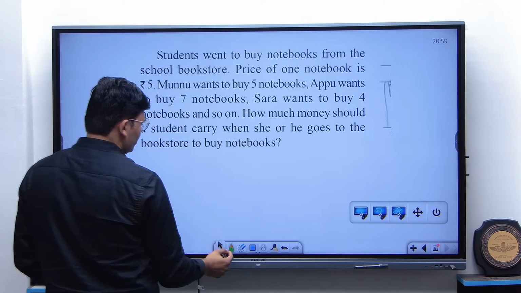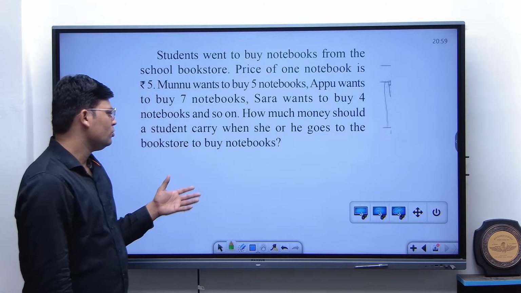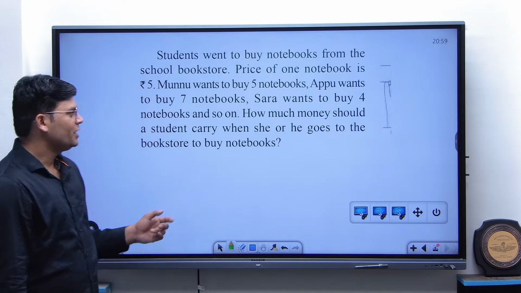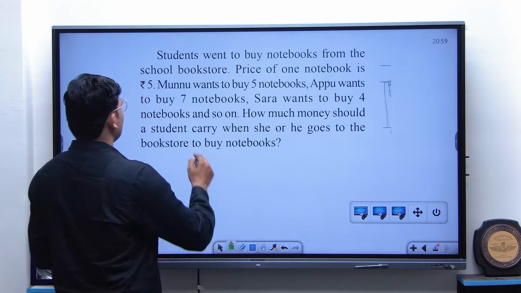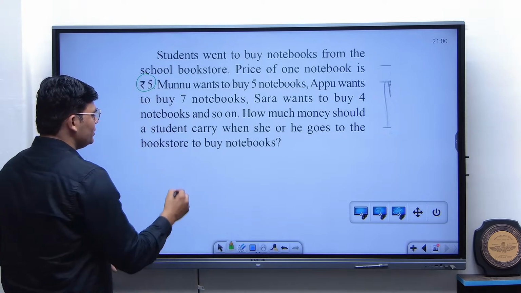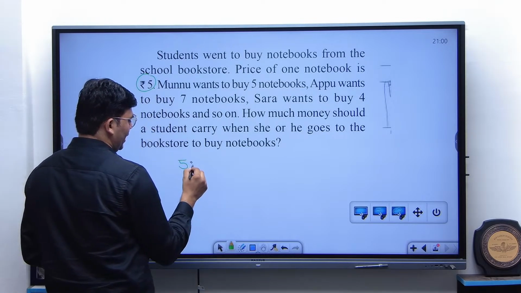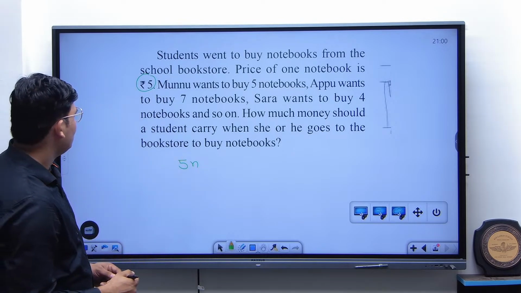How much money should a student carry when she or he goes to a bookstore to buy notebooks? We can give that by rule as well. What will be the rule? The rule is, suppose the notebook is of ₹5, so we will say 5 multiplied by n. Okay, 5 multiplied by n.